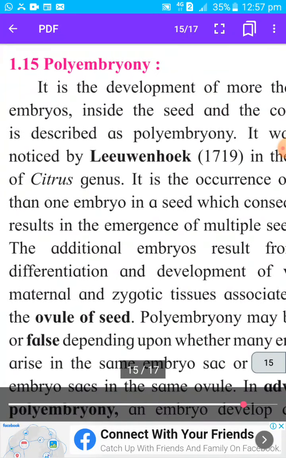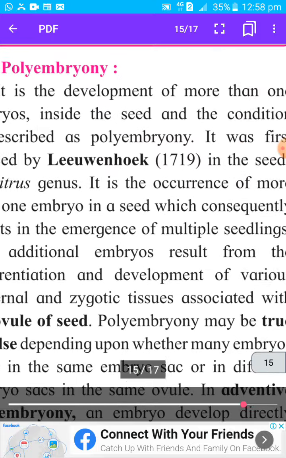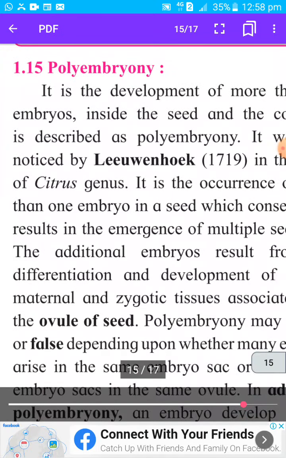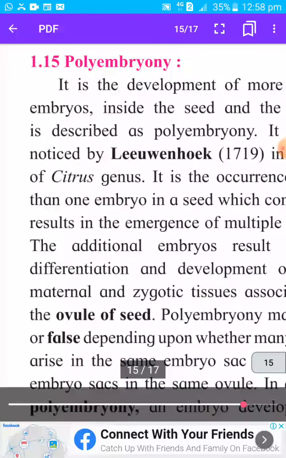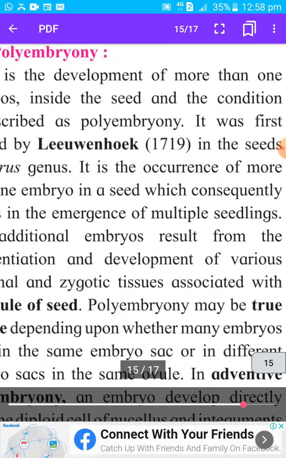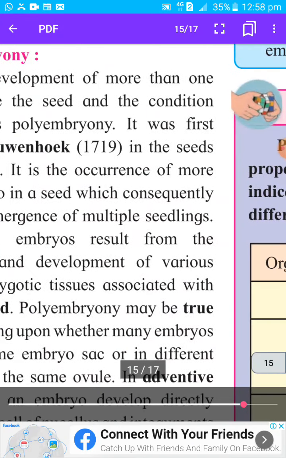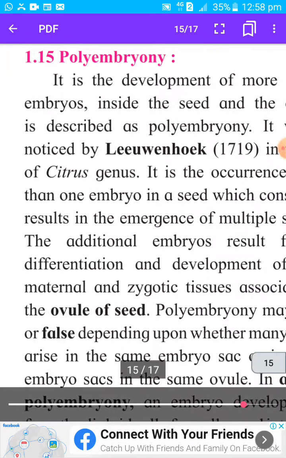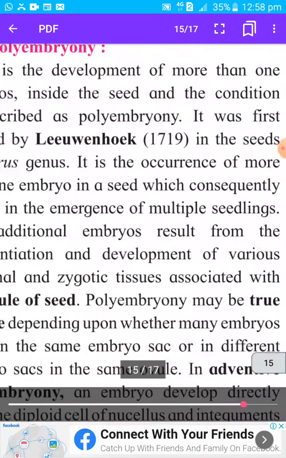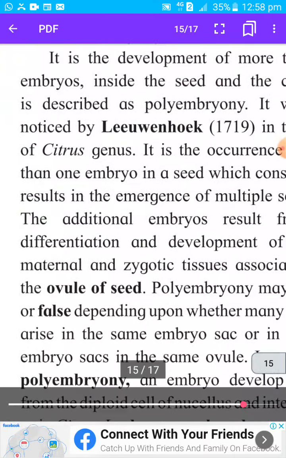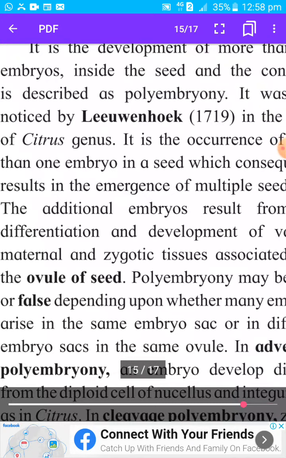Then polyembryony. Poly means many. So many embryos are present in that seed. It is the development of more than one embryo inside the seed, and the condition is described as polyembryony. So instead of one embryo, many embryos are there. It was first noticed by Leeuwenhoek in the seeds of the citrus genus. So in citrus fruits, polyembryony is there.